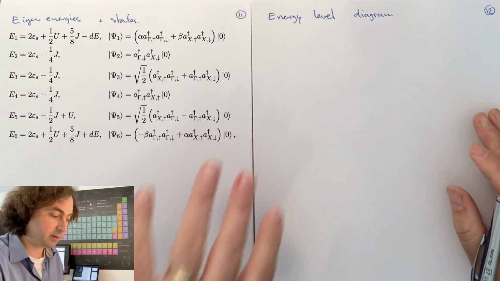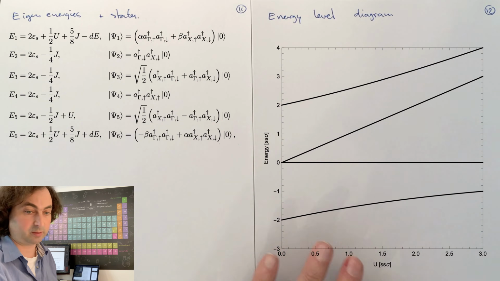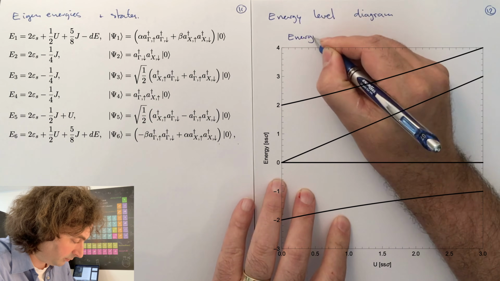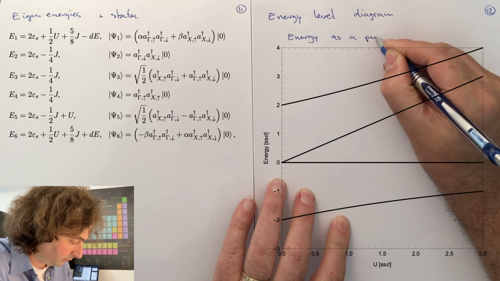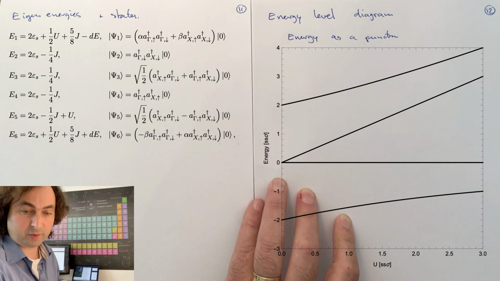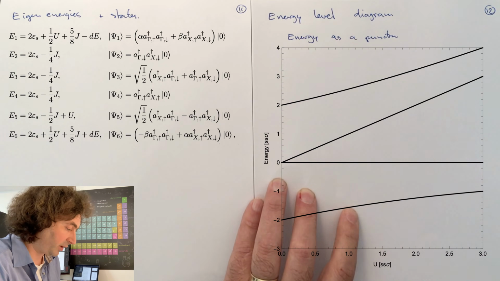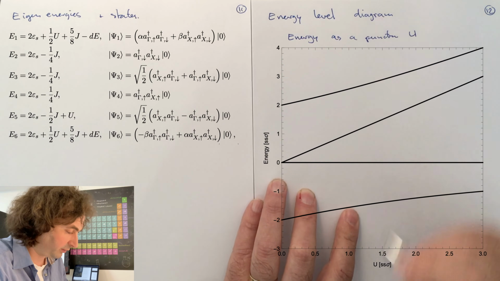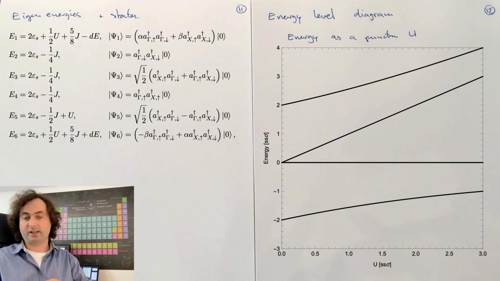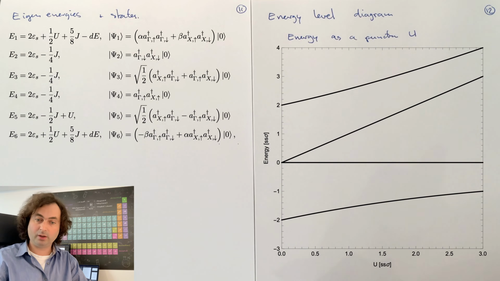In an energy level diagram, we plot the energies of the states as a function of U. Or in principle, for an energy level diagram, you plot the energy of the states as a function of an external parameter, and the external parameter we here choose to be U for fixed S S sigma. I assumed in this case that U is much bigger than J, and we just set J to 0.